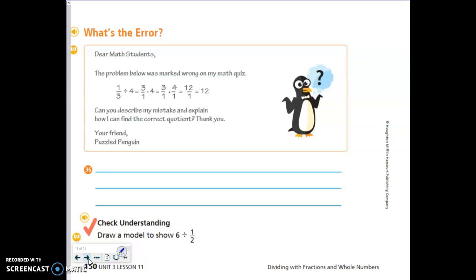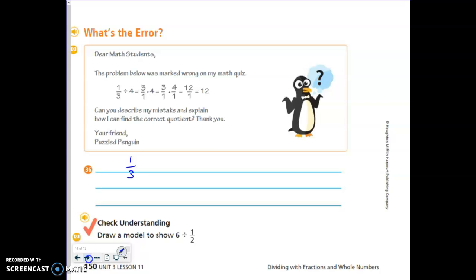I think Puzzle Penguin saw a fraction and he saw a whole number. So he automatically knew he needed to multiply by a reciprocal of a fraction, so he flipped the fraction, even though that fraction was in front. And I've stated through both of these videos, we really need to focus on the order of these numbers. The front number will always stay the same.